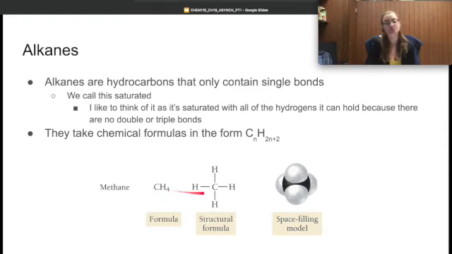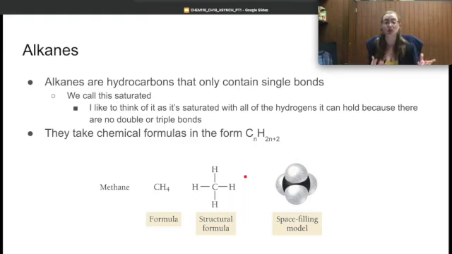So it fits this pattern, C sub 1, H sub 4. So this is the proper chemical formula for methane, and we can compare this chemical formula to the standard format of an alkane and see that methane should be an alkane. Or CH4 should be an alkane, if you want to look at it that way. Here is the structural formula. They're calling it the structural formula.